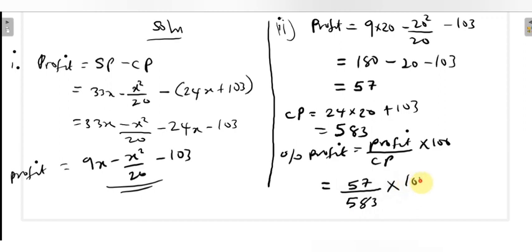So I'll just work this out. 57 times 100 divided by 583. That will be equal to 9.78, approximately 9.78%. So that's the approximate value of the percentage profit.